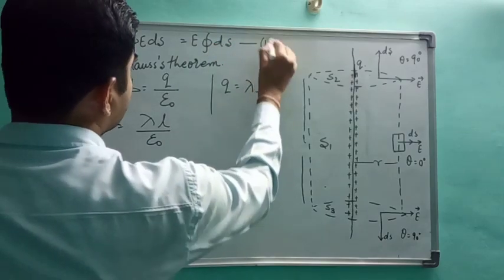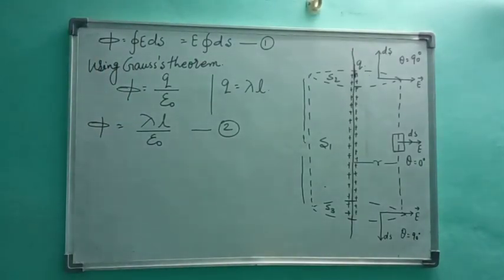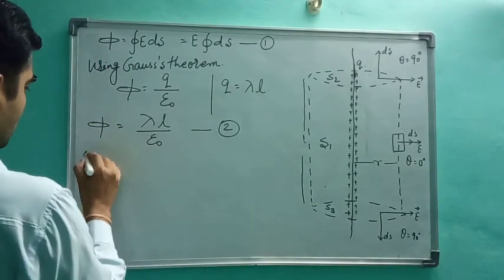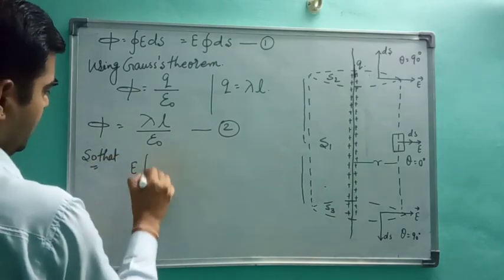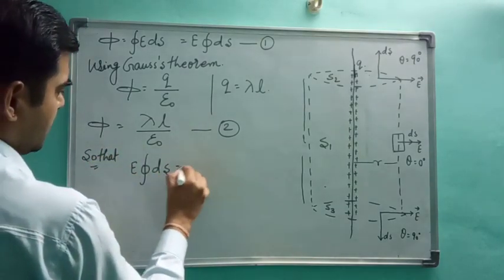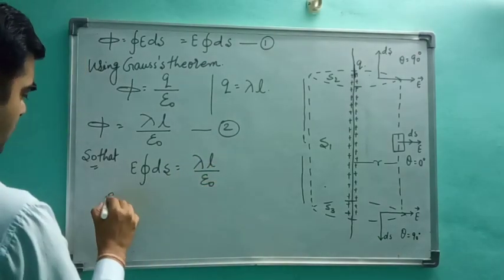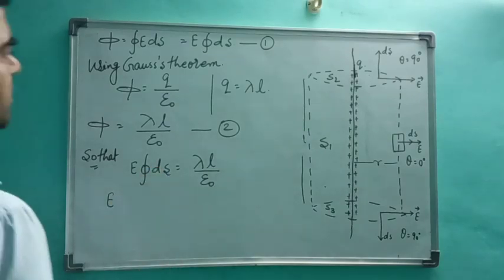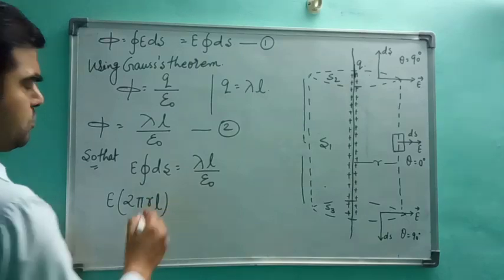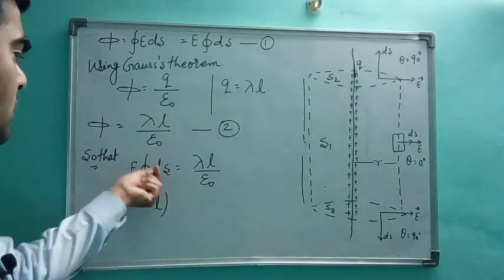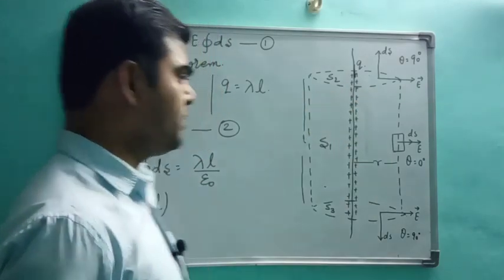Equation first and equation second are compared because the left hand sides are equal, so E times the integral of ds is equal to lambda L upon epsilon naught. Now the integral of ds is 2 pi r L. Understood? 2 pi r L, because here the surface is a cylindrical Gaussian surface.